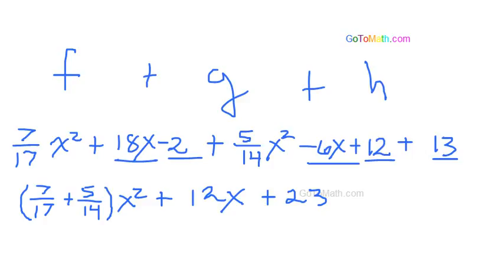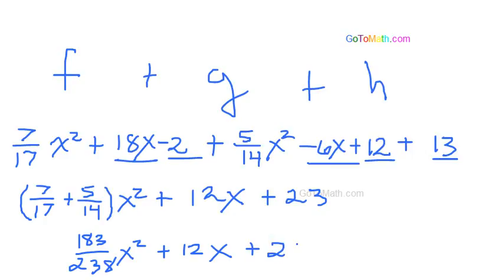Once we collect it all up, whoa, what is that? We get this nice lovely thing, 183 over 238. You just never know what you're going to get. X squared plus 12x plus 23.